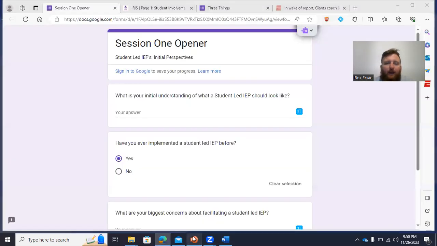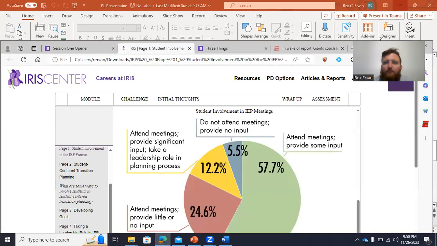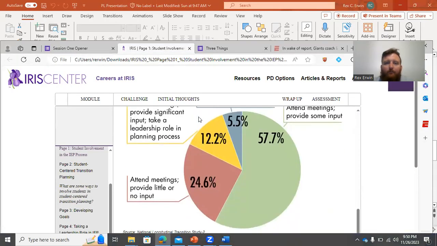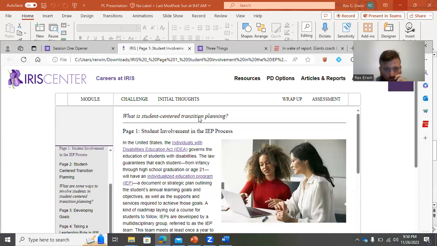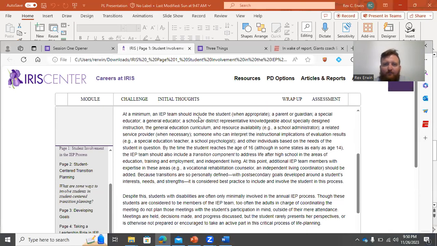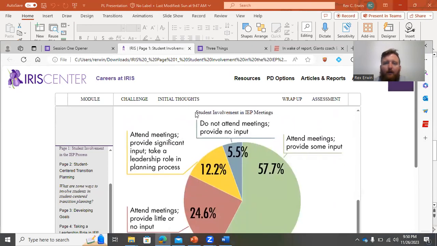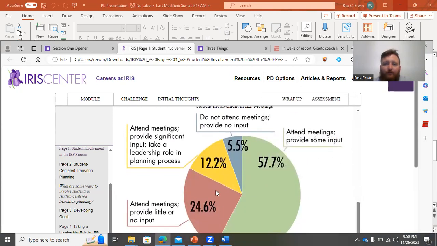The Iris module is just one page, going over student involvement in the IEP process. There's more factual information in this: what's required, who should be in there, and a little bit of data about student involvement.